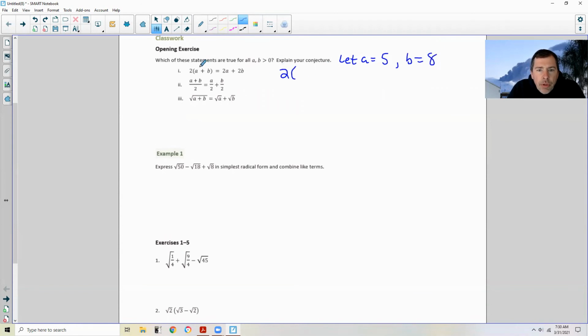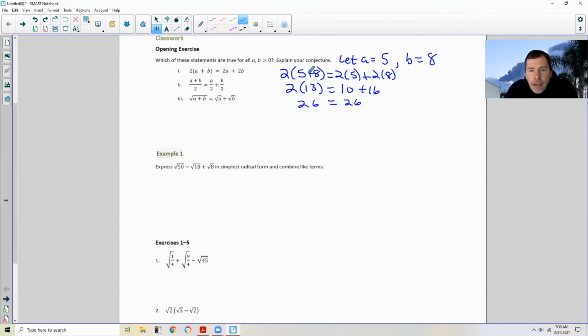So when I substitute those in, it'd be 2 times (5 plus 8) has to equal 2 times 5 plus 2 times 8. Well, 5 plus 8 is 13. 5 times 2 is 10. 2 times 8 is 16. 2 times 13 is 26. And 10 plus 16 is 26. So that was true for that value, and it would be true for all.